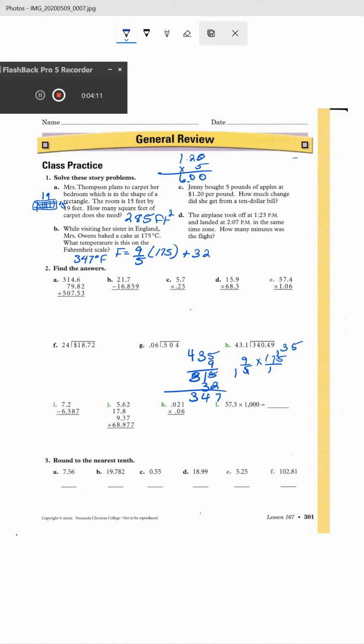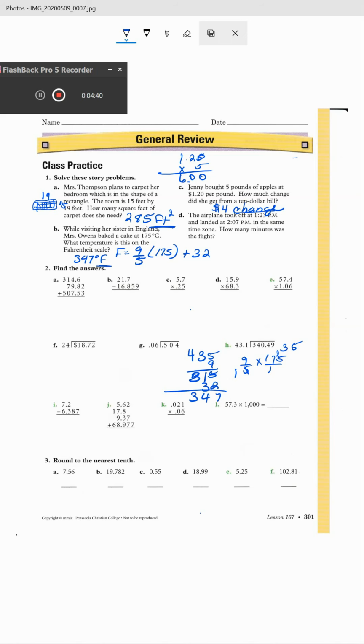Looks to me like she spent $6. How much change would be from a $10 bill? Well, that you could probably do in your head. Oh, sorry. She got $4 in change. I remember when you're doing story problems, you want to put words after them if they need them, or the dollar signs like here, or the Fahrenheit, whatever it needs.